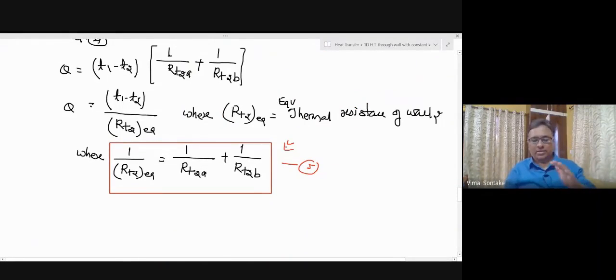So when slab materials are connected in parallel, the thermal resistance of the equivalent wall is reduced and can be given by equation 5.